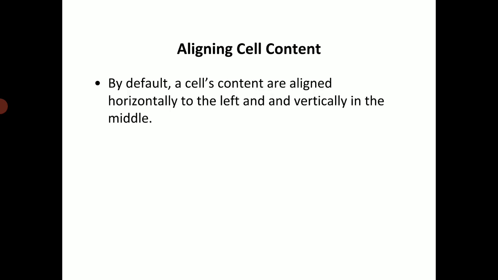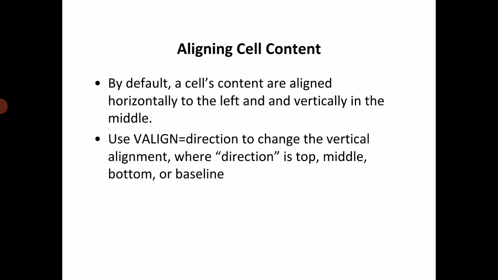Next, aligning cell content. By default a cell's content is aligned horizontally to the left and vertically in the middle. To change the appearance of the cell content, we use valign equal to direction to change the vertical alignment, where direction takes the value top, middle, bottom or baseline.